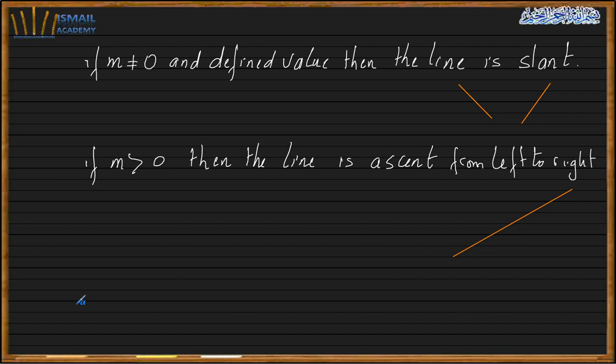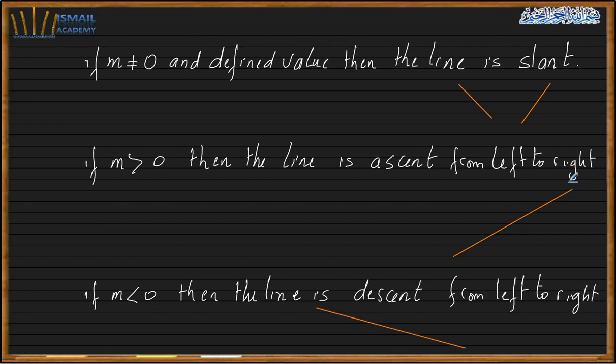And if m is negative, then the line will be descent from left to right. When the slope is negative, it is descent.